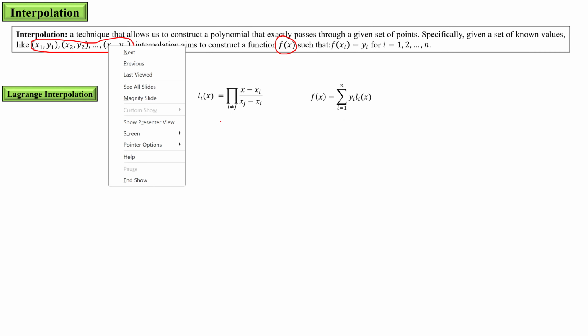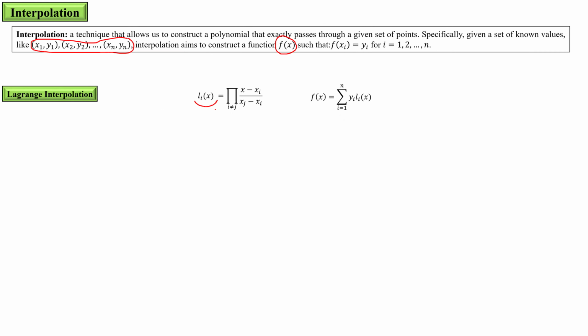And then after generating multiple L sub i, you can construct f of x using these L sub i polynomials. Now we want to see how this algorithm works using an example.